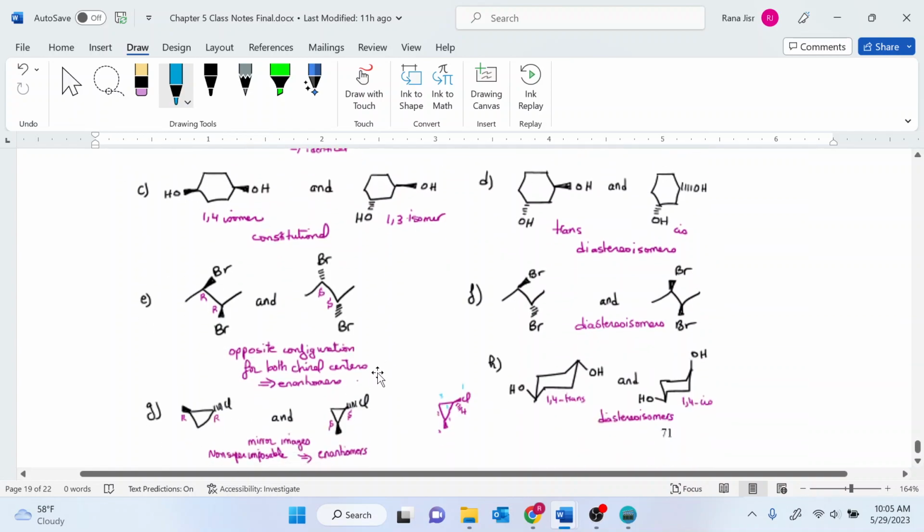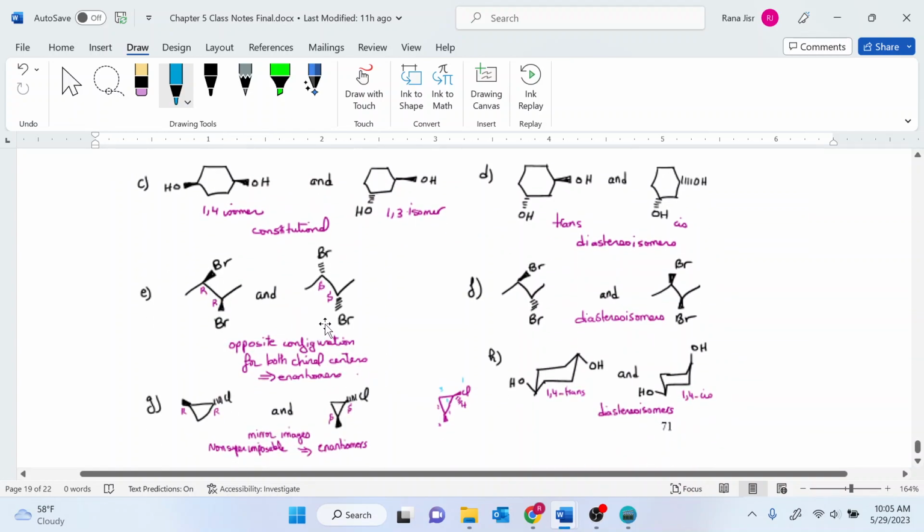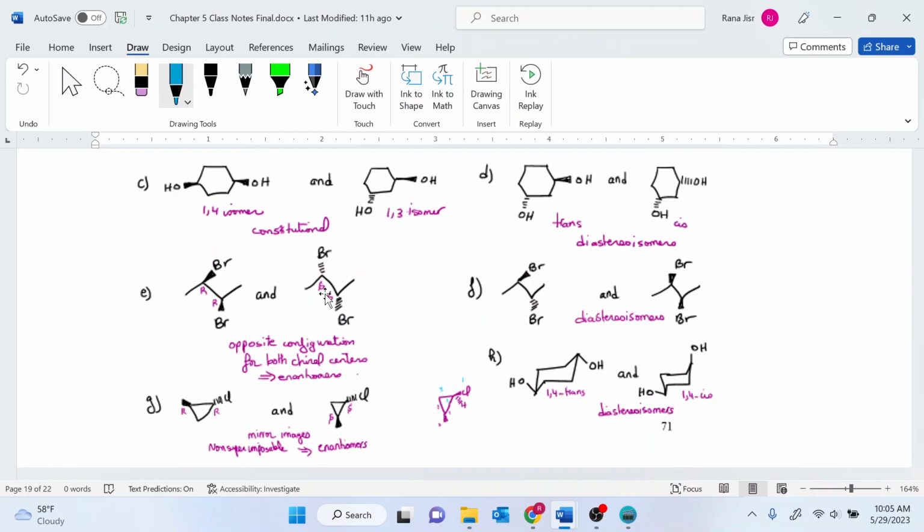With this one over here, again, please do the configuration because with the configuration, you would know if you have enantiomers or diastereoisomers or identical. So for the configuration, I have two R's and two S's. These are definitely enantiomers.